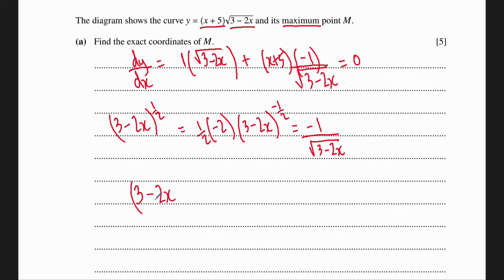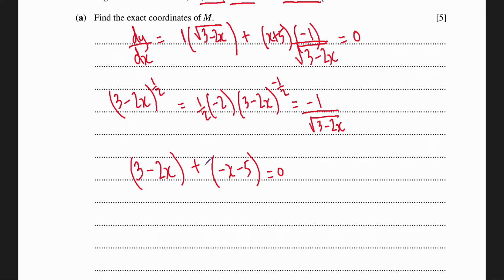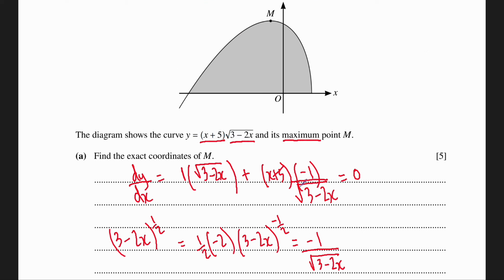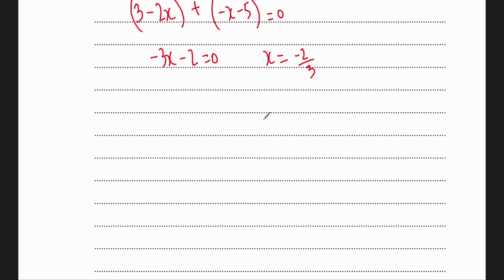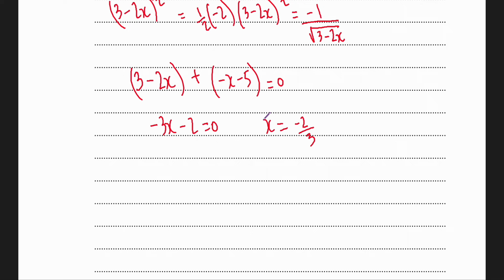You have that, and then you have plus, and then negative x minus 5, because remember the negative 1 over there, and that is equal to 0. Well, 3 minus 2x plus minus x minus 5. So you can put the like terms together. So you have minus 3x minus 2 is equal to 0. And then you get x is equal to negative 2 over 3, which makes sense because x will be on the negative side. So that's making sense so far. So you have x is equal to negative 2 over 3.